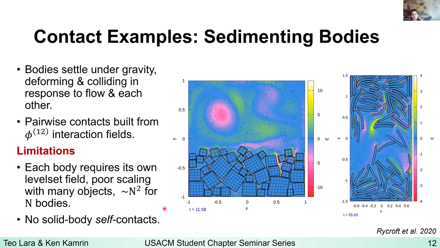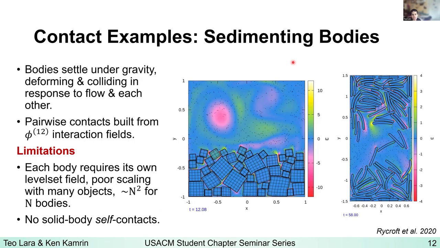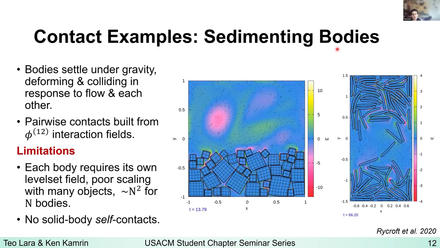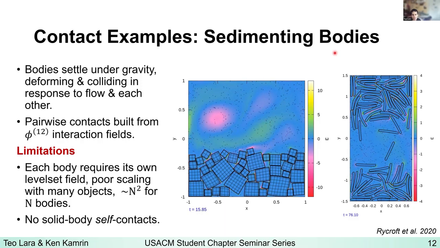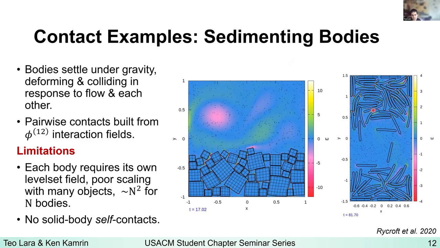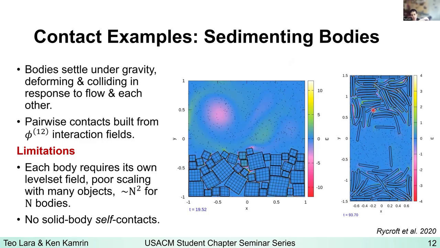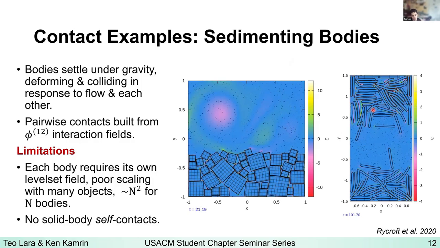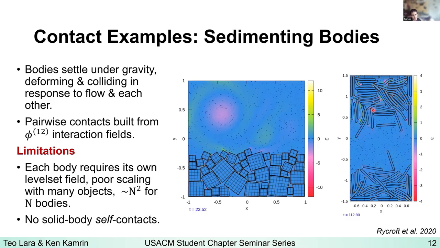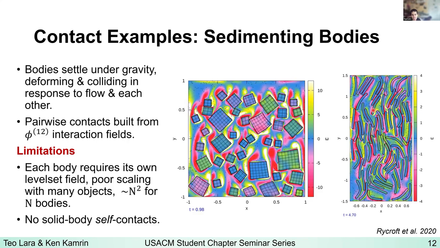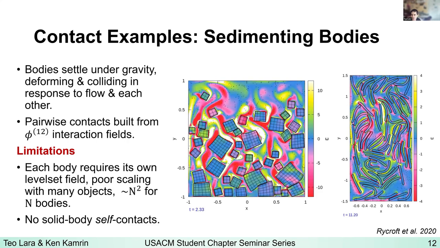And the second thing is perhaps not immediately obvious. There is no solid body self contact, right? Look here on the right, all these noodles, they squirm and they touch each other, but they never quite bend enough to touch themselves. So our question last year was how can we address these solid body self contacts? It's a more interesting class of collisions in this fluid immersed domain.